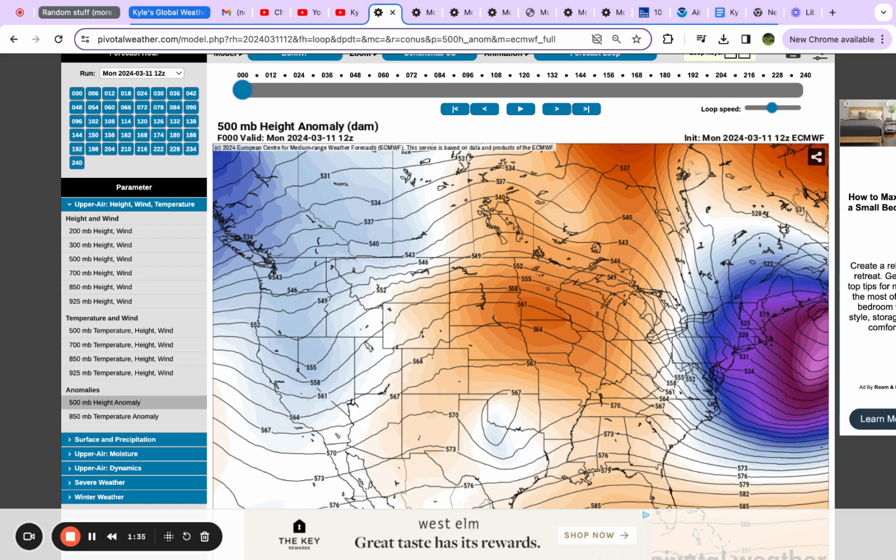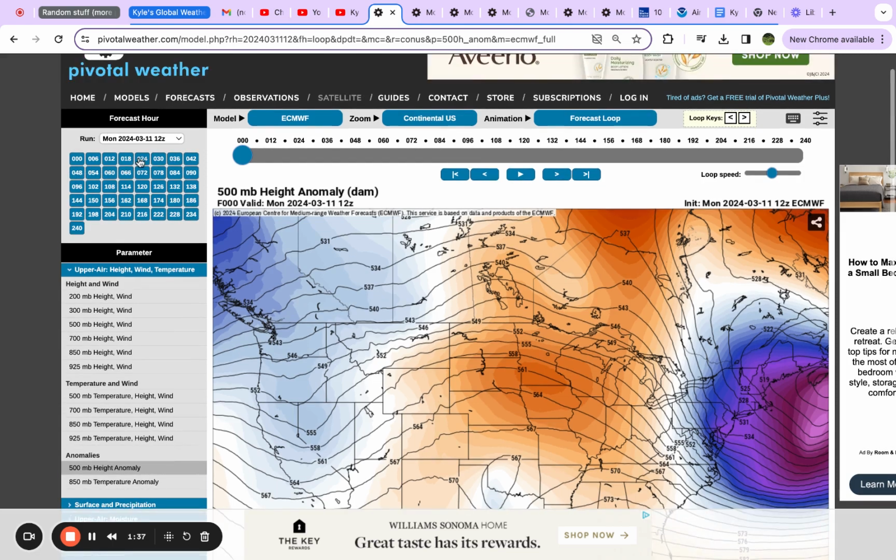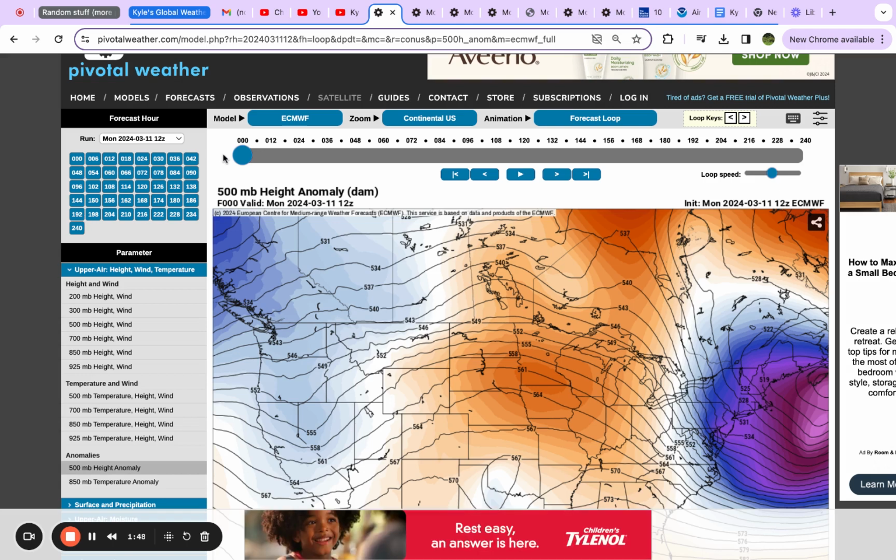So that's that section. Then we bring it to this top left section, which is just the forecast hour. When you see different hours highlighted, that is the hour in the future from which this model was released. It says the run right here, Monday, March 11th, 2024, 12Z.